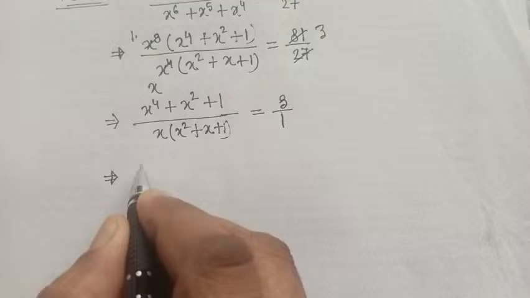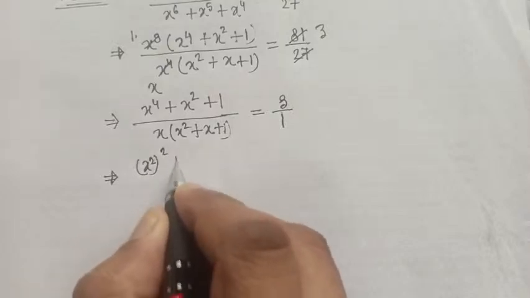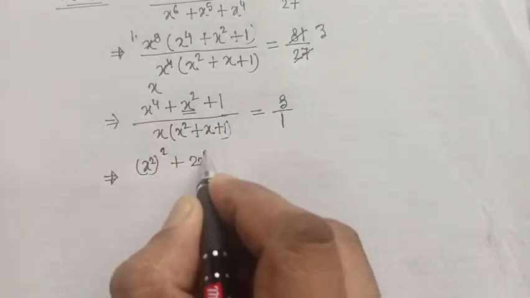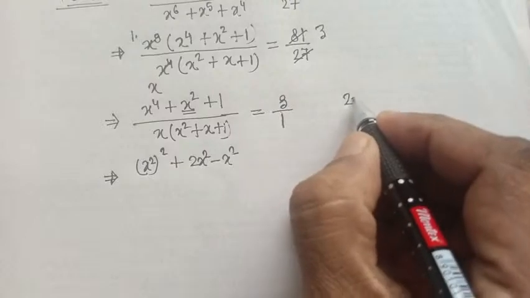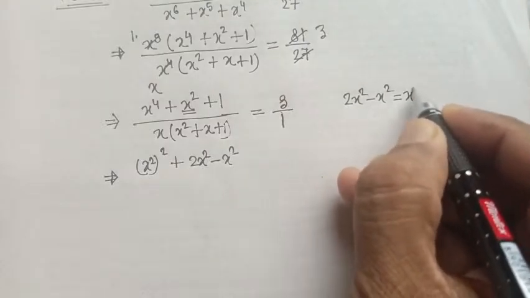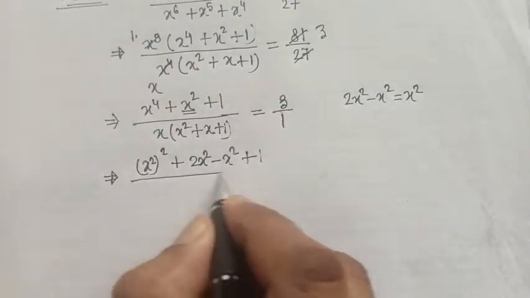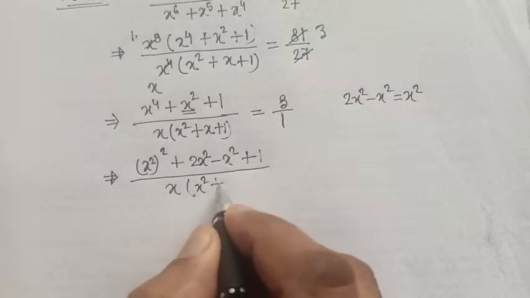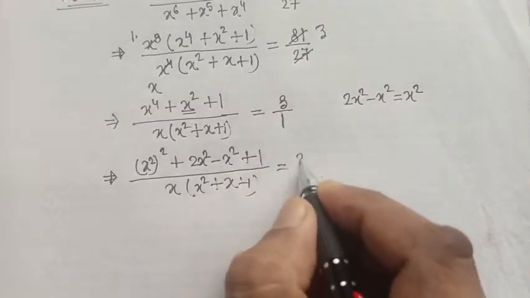Now we can express x to the power 4 as x squared to the power 2, and this x squared can be expressed as 2x squared minus x squared, so that it equals x squared plus 1 by x into x squared plus x plus 1.